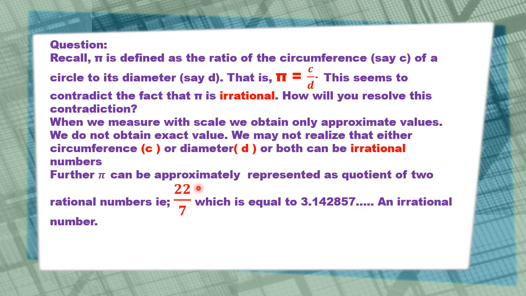So whenever we write the value 22 upon 7, we are again arriving at an irrational number. This number you are familiar with. Usually in previous classes you are familiar with only 3.14, but now you are learning what this 3.14 is. It is an irrational number.